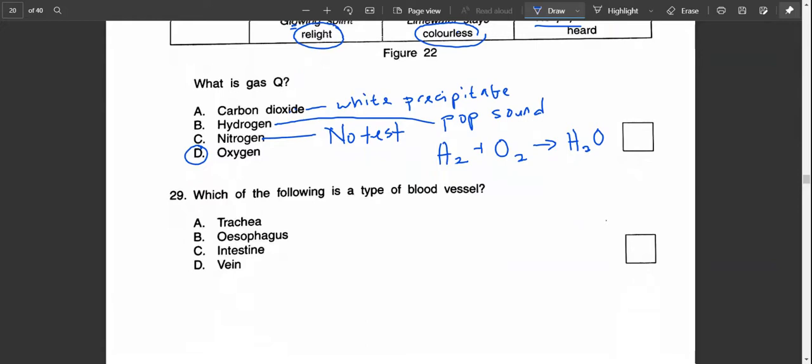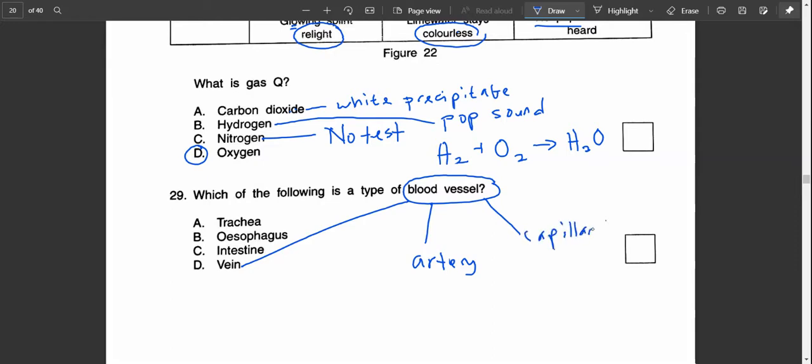29. Which of the following is a type of blood vessel? There are three types of blood vessel only, and the answer is vein, artery, and capillaries. Vein, V-E-I-N, carries blood back into the heart.